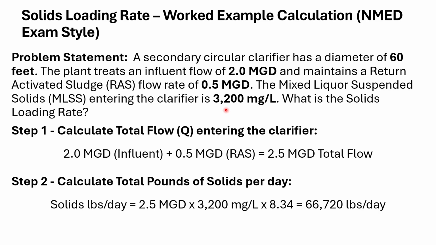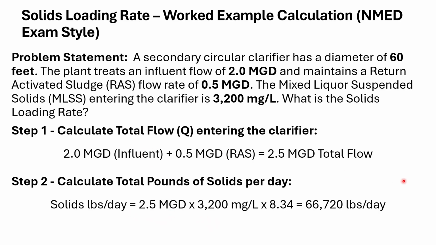Well, the first step, calculate the total flow. What's entering the clarifier? That's 2 million gallons per day of influent plus 0.5 million gallons per day of RAS, return activated sludge. Total inflow to that clarifier is 2.5 million gallons per day. Okay. Then we're going to calculate the total pounds of solids that we have in there per day.